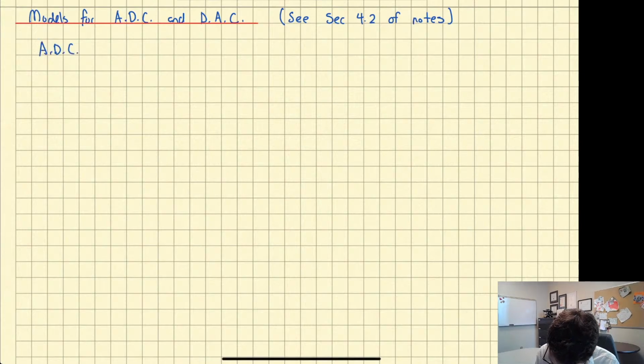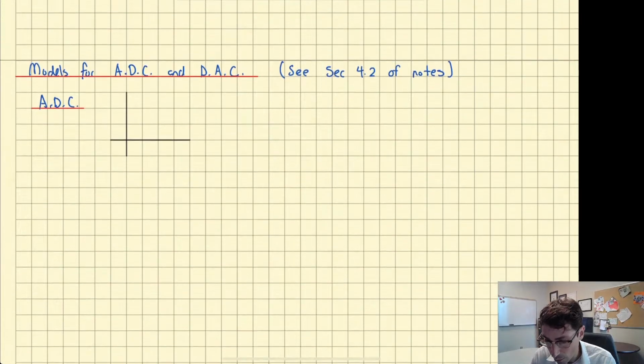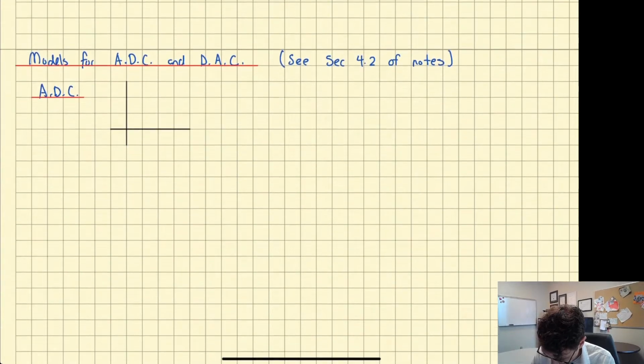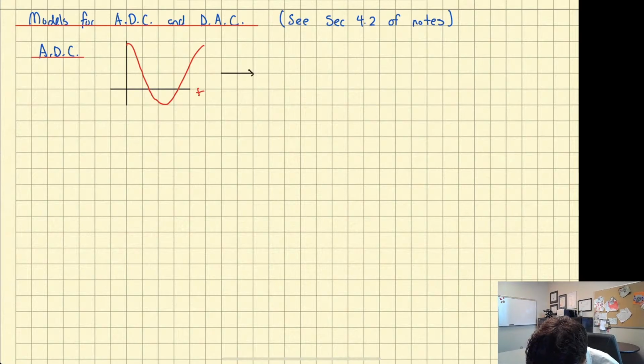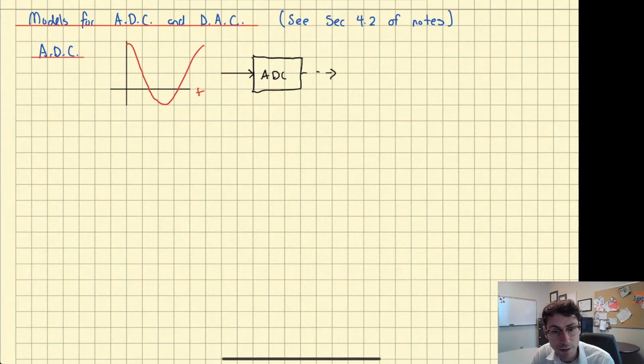Okay, so for the analog to digital converter, the picture you should have in mind is that you send a continuous time signal of this form through your ADC. And that produces, again, a discrete time signal, which we draw with dashed lines.